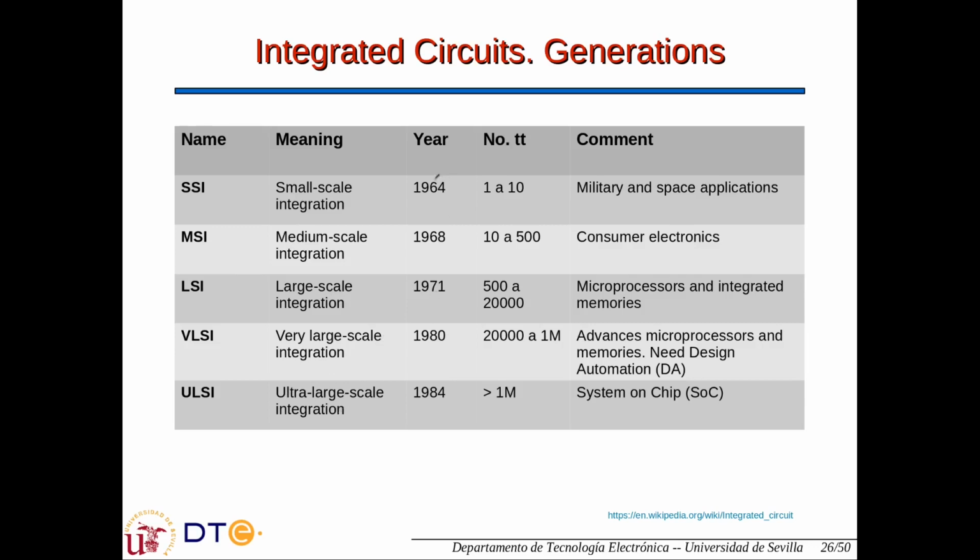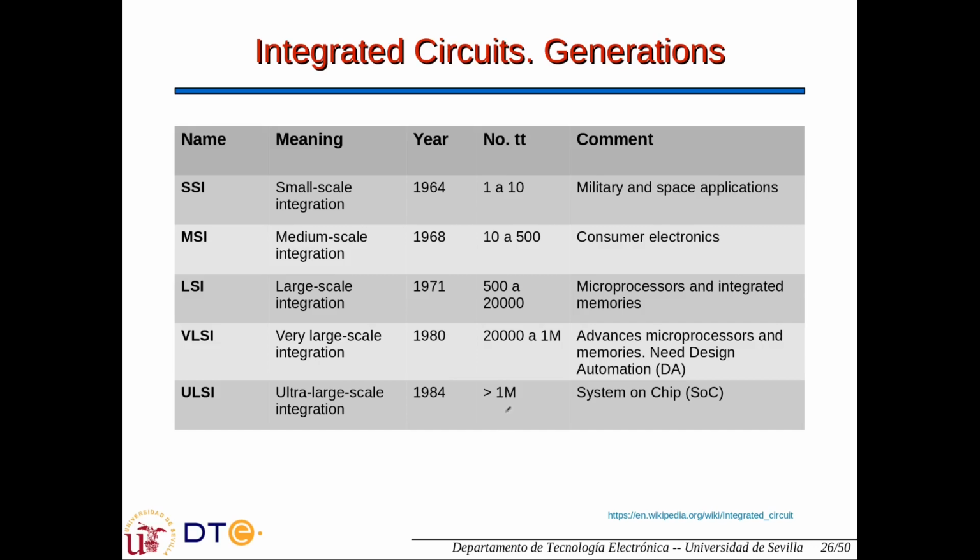These are the approximate dates when these were introduced and the approximate range of the number of transistors we can build inside. After the mid-80s, we stopped defining more generations, because from the 80s there's been a continuous increment in the integration density inside integrated circuits, so it's not very useful to define new generations.